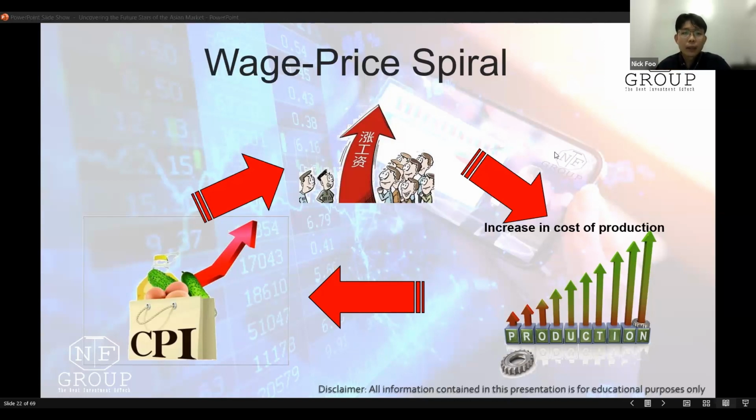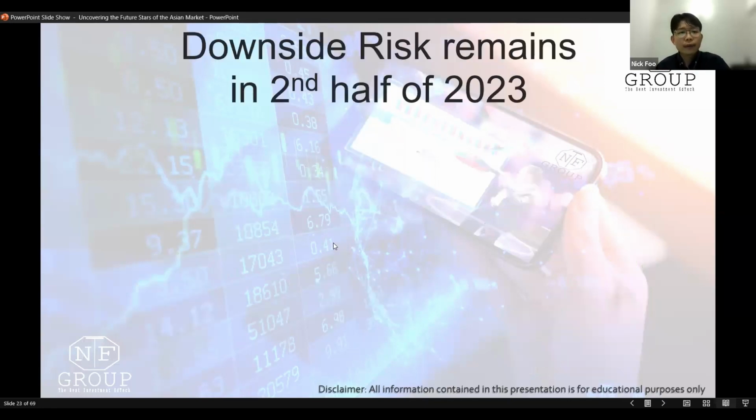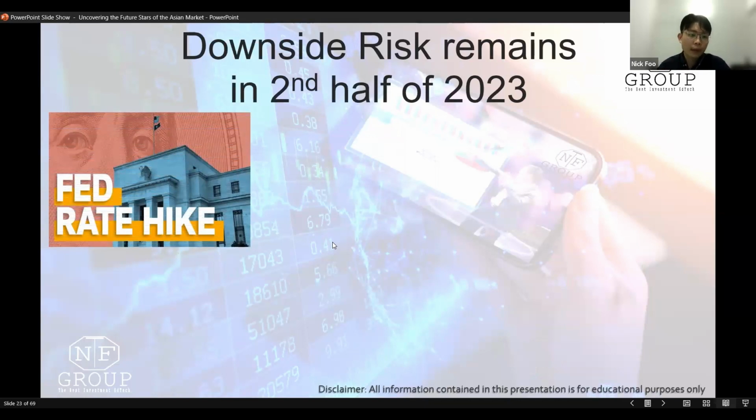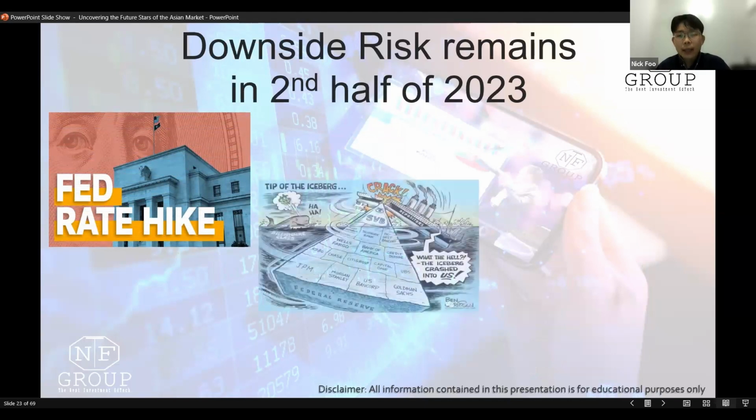Another thing, I think downside risk remains in the second half of this year, with the Fed rate high. I think the whole world is looking into these issues, and because of the interest rate hikes over the past few months, we see a lot of U.S. bank bankruptcies.